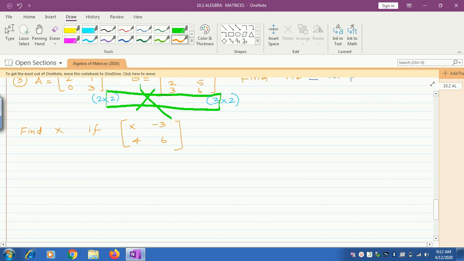Here the matrix is equal to 5, minus 3, 4 and 6. So you have to calculate the value of x. How will you calculate the value of x here? Just you have to compare the values. Every element is the same, therefore what is the x value? The x value is equal to 5. That's it. So the answer is x is equal to 5.